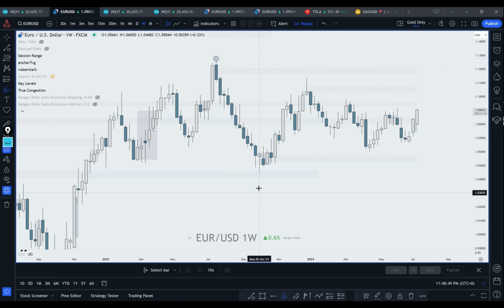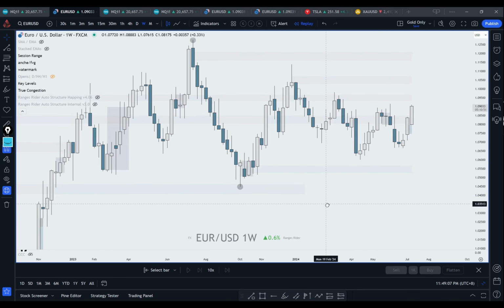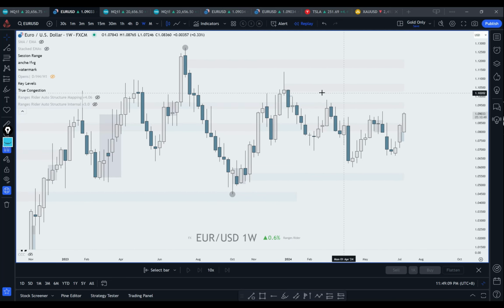From here to here. So this is the QM, and then this is another QM, and you are looking for the internal range liquidity, and then the external range liquidity. But you will have some other ranges as well in this area. Then how do you decide which side you want to go?